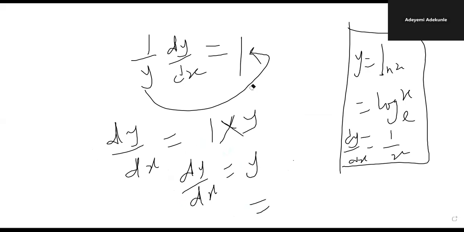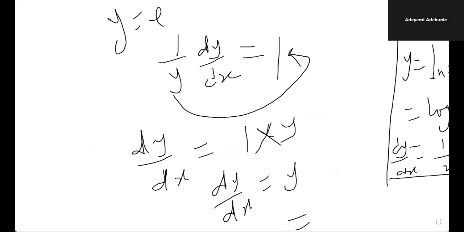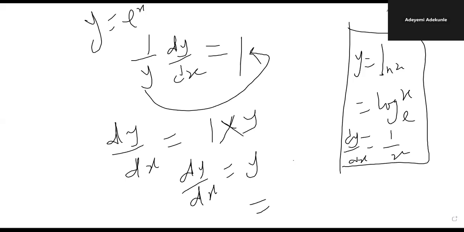If you remember, the initial question is y equals e raised to power x. So instead of using the ordinary y that we have here, we can replace it with e raised to power x. That's why the derivative of e raised to power x is the same as e raised to power x.